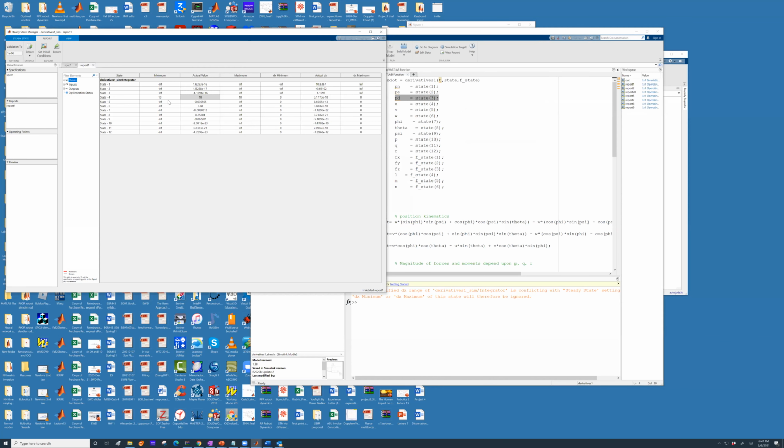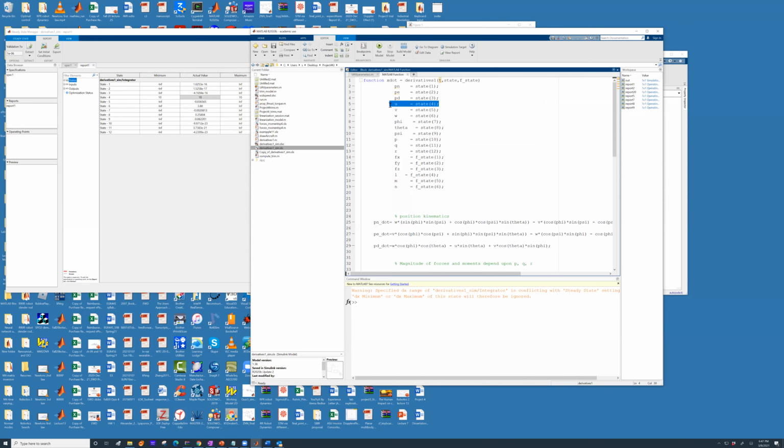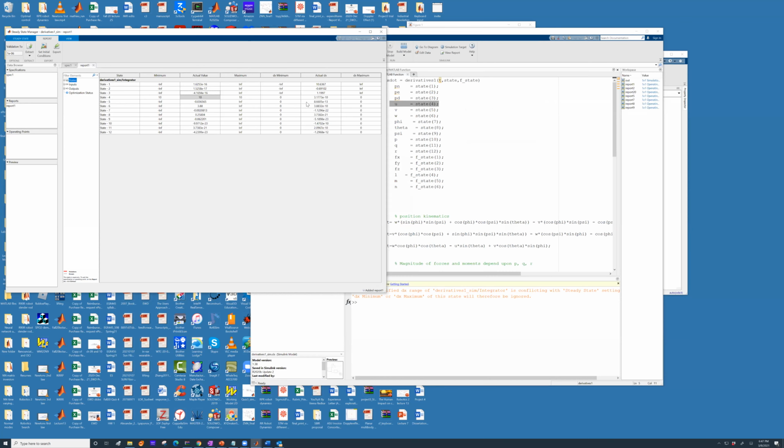My state 4, I want it to be 10, which is 10. Now, it is important to note that the derivatives of the states, which are Pn dot, Pe dot, Pd dot, are non-zero. That's okay. It doesn't matter. The derivatives here are non-zero.